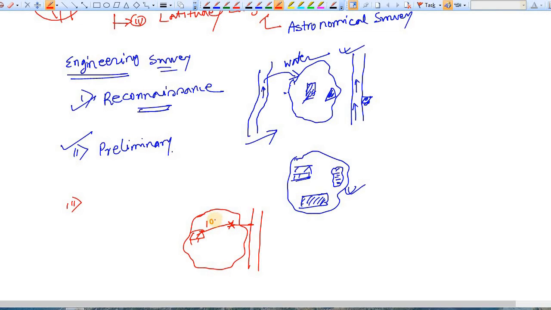To ensure this 10 meter distance, you have to measure this length in your field. So now you are doing detail surveying or location surveying during the execution of the project. So there are three types of engineering surveying: first reconnaissance, second preliminary, and last detail or location survey.